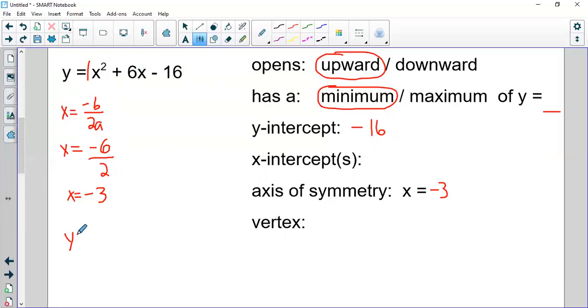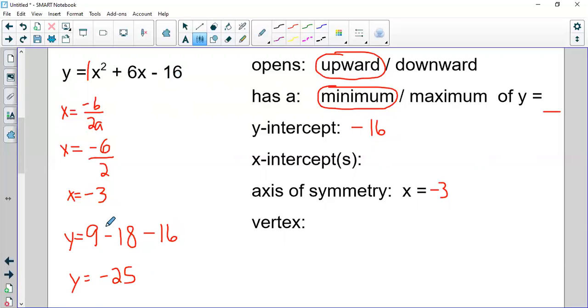So y is equal to 9 plus 6 times negative 3. That's actually negative 18. And then minus 16 according to my equation. So 9 minus 18 is negative 9. And negative 9 minus 16 gives me a value of y is equal to negative 25. That's pretty far down there.